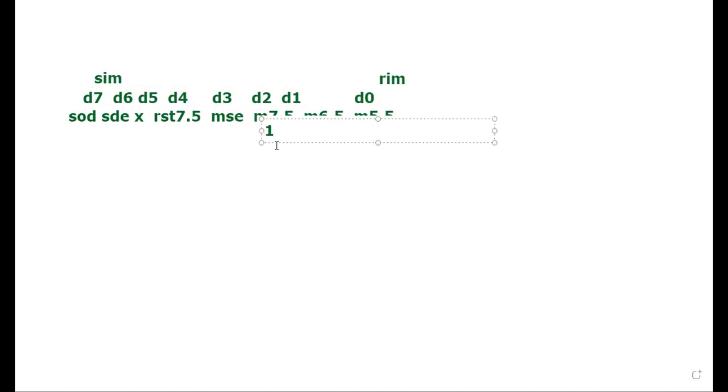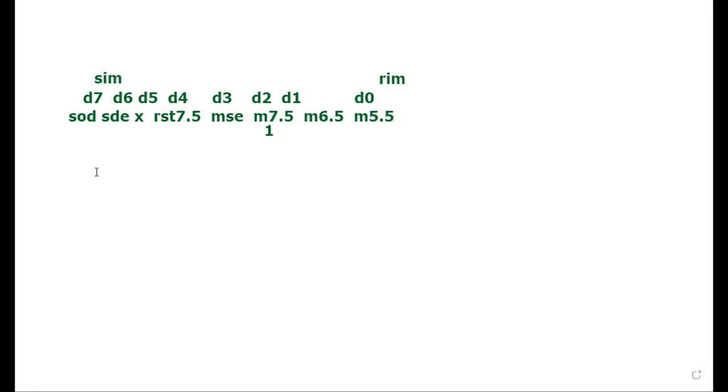Okay, D0, D1, D2, 1 असेल तर interrupt mask होणार आहे corresponding, provided D3, that is mask set enable, is 1. Whenever you want to send the data on SOD pin, SDE should be 1, right? D6 bit should be 1. Then only D7 bit with which value will be sent on the SOD pin.